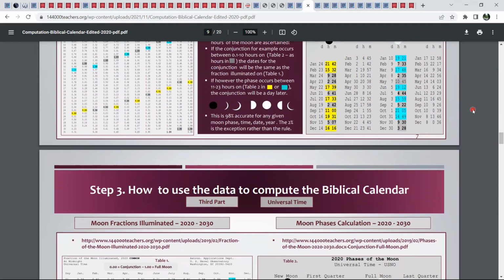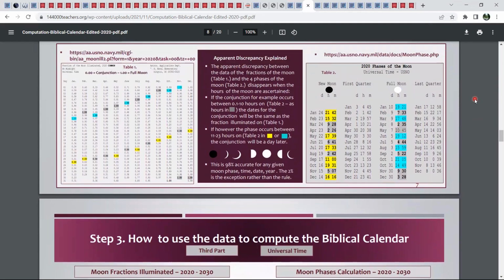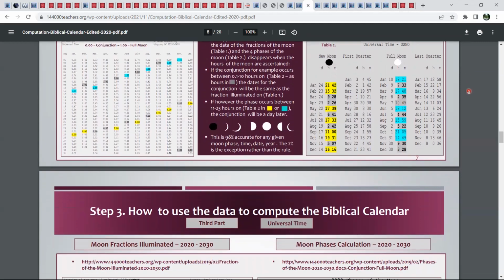And in order to establish if it is a common or an embolismic year, you need these particular data. You need to be able to establish from the moon phases and the fraction of the moon illuminated when the Passover is observed. And depending on when the Passover is observed, this is what establishes the year as common or embolismic.